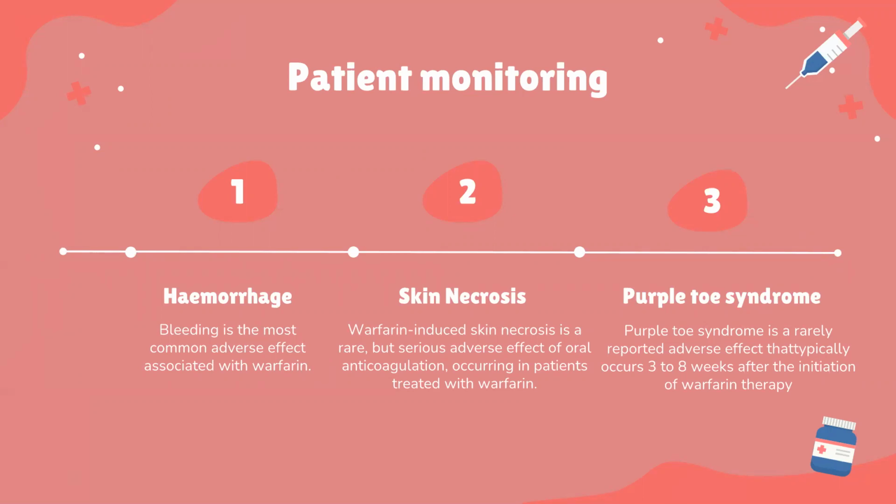However, when the pressure is not applied, the skin turns purple and there is pain associated with the syndrome. So in all of these conditions, we need to stop the warfarin therapy and continue with other anticoagulants. However, if such adverse effects are not occurring, then we will continue with this therapy.